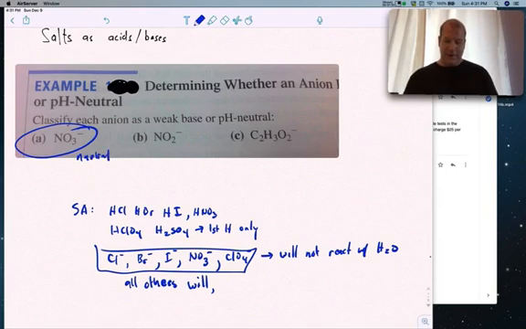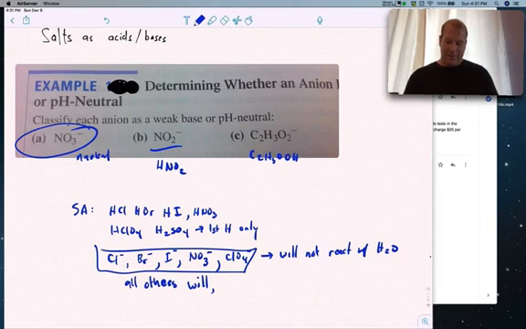A base is a proton acceptor, and so NO2 minus is the conjugate base of HNO2. And acetate, well, I guess it's not the H there, so this would be C2H3OOH, acetic acid here, and it does rip a hydrogen off.